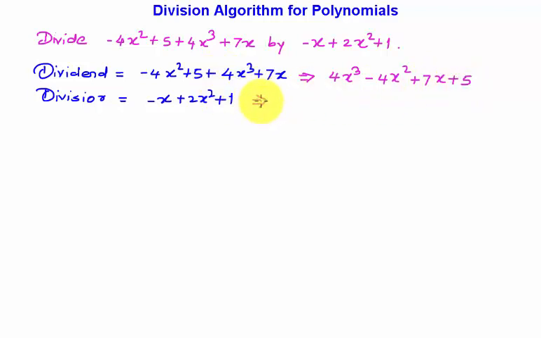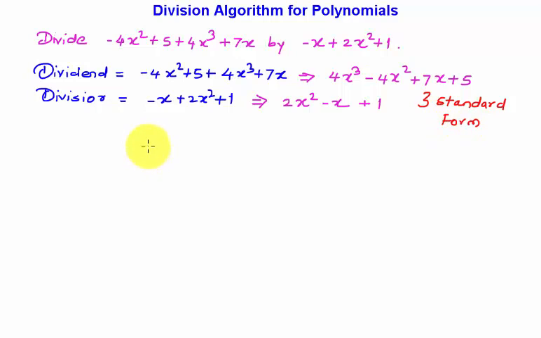Similarly, the divisor also needs to be arranged in descending order, that means in standard form. So it will be 2x square minus x plus 1. So this is called standard form. So we have arranged the dividend and divisor in standard form.